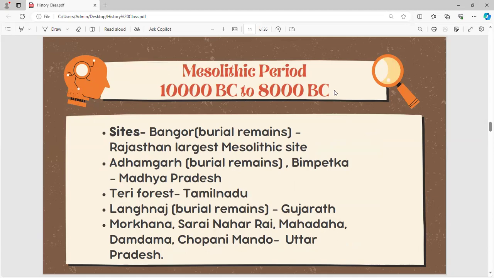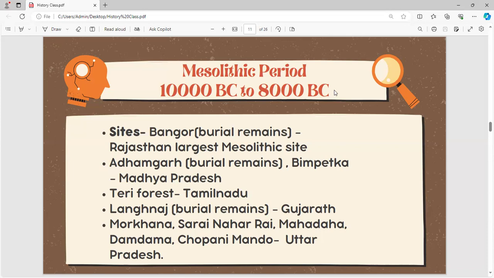And next, Adamgarh and Bhimbetka from Madhya Pradesh. In Adamgarh, there are also burial remains. And Teri Forest in Tamil Nadu, in the Tirunelveli and Thoothukudi district areas. And Langhnaj in Gujarat. Here also there is some evidence of burial remains.